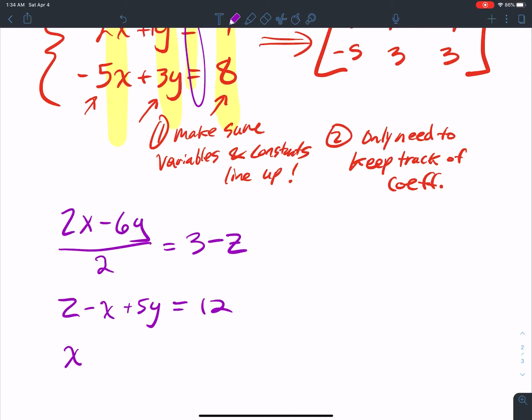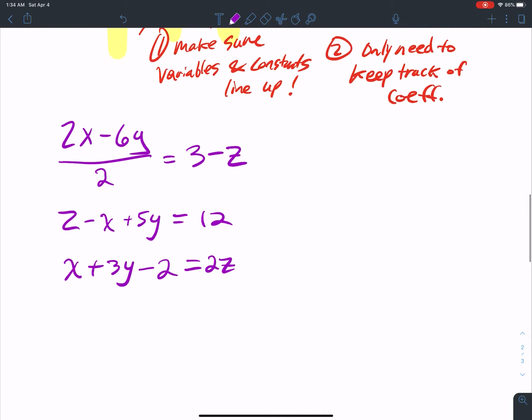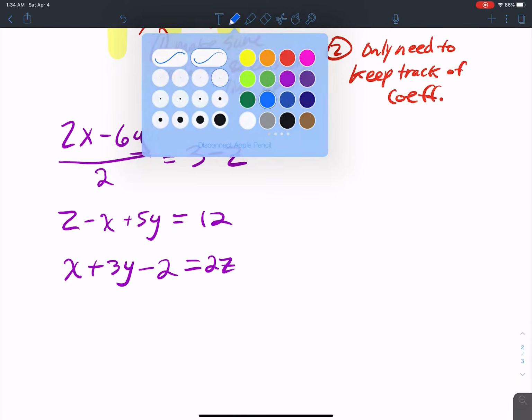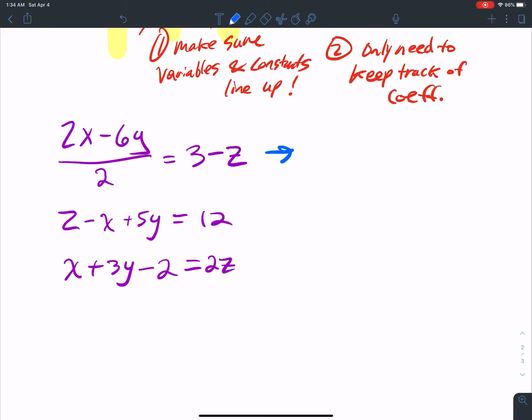And then x plus 3y minus 2 equals 2z. So what do we need to do here? We need to simplify. So I'm just going to go row by row. I want it to be x, y, z, and my number. So divide by 2 for these parts, that gets me 1x.